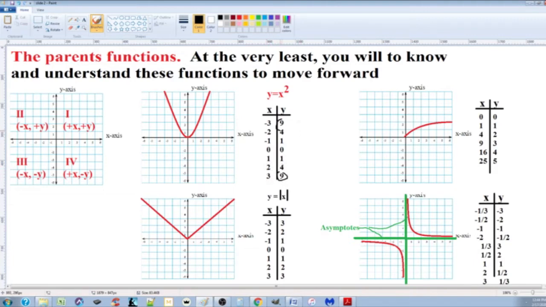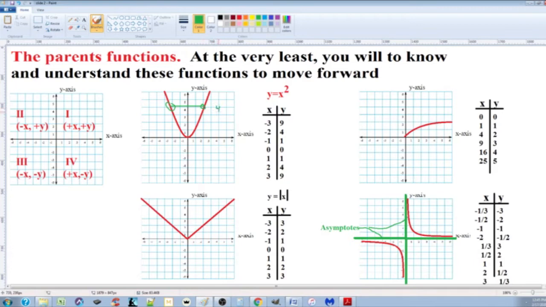Now notice that the y values repeat. The y values repeat again. That's because the square of these numbers will result in the same positive y values. That's important to note as well. And it also explains why, if I take a line and draw it across my parabola, I will find the same y values here.